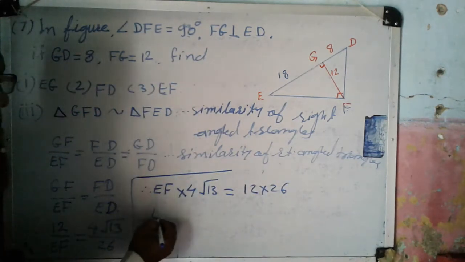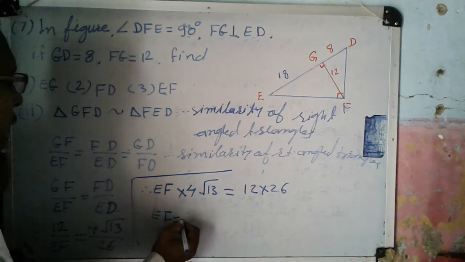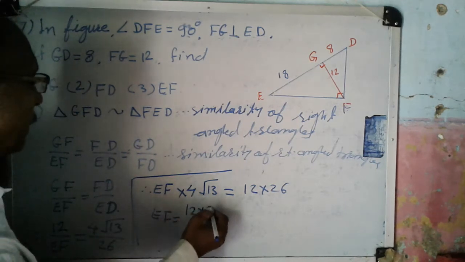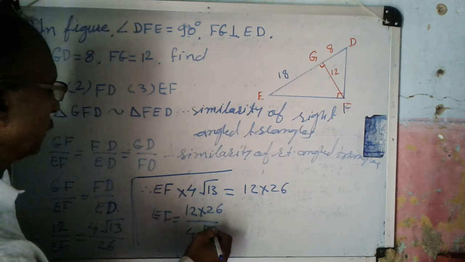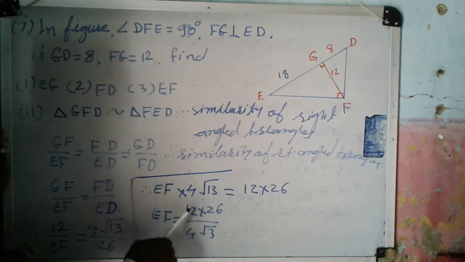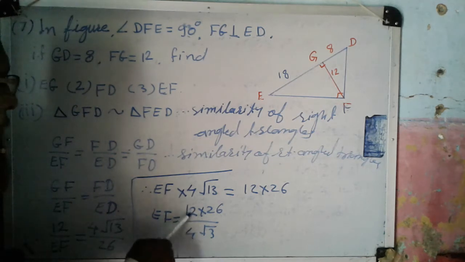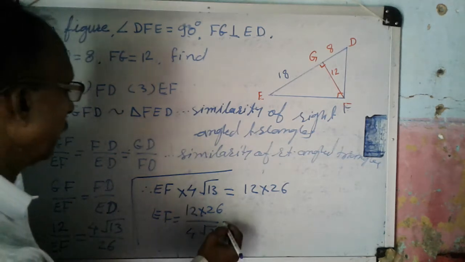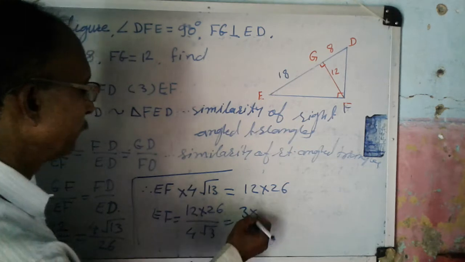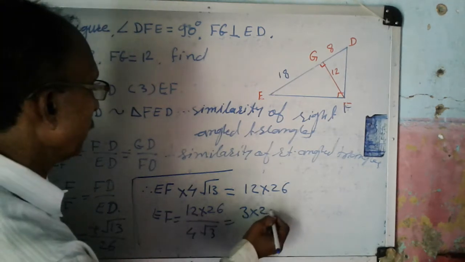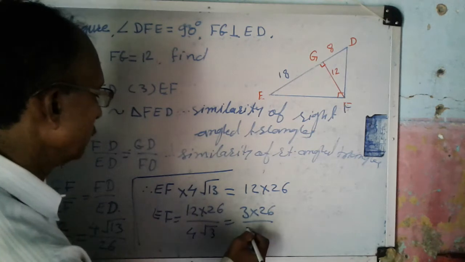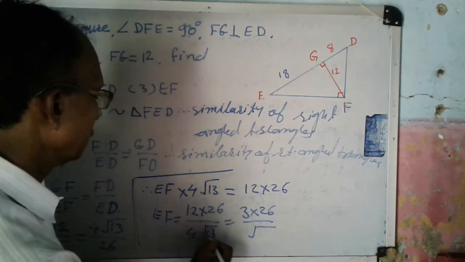And therefore EF is equal to 12 multiplied by 26 upon 4 under root 13. And I have divided 12 by 4 to get 3, because 4 3s are 12. Multiplied by 26 upon root 13.